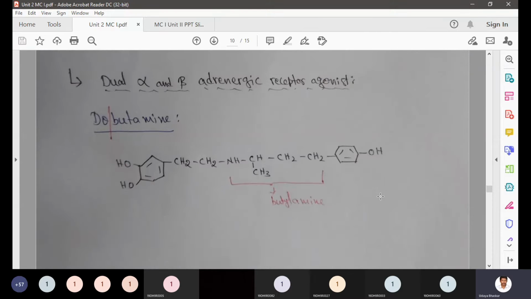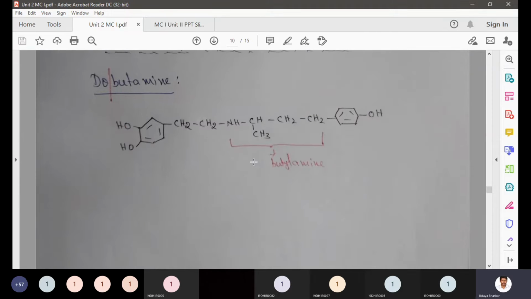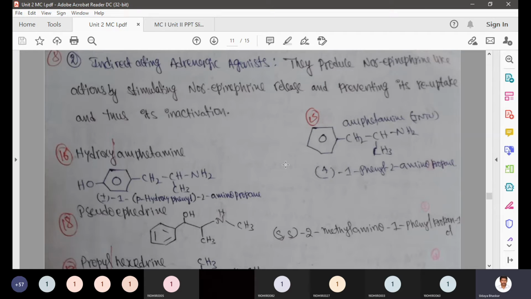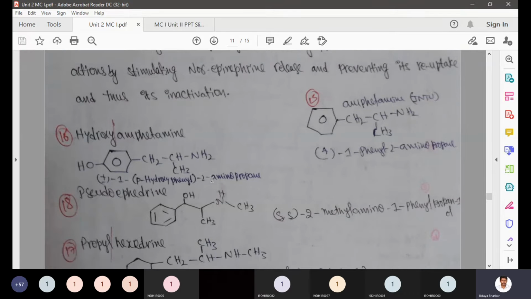And we have dobutamine, so we have butylamine to remember. Then we have other structures, hydroxyamphetamine and amphetamine. Amphetamine, although not mentioned in the syllabus, is frequently asked. There is a difference only optically, but the structure is same.